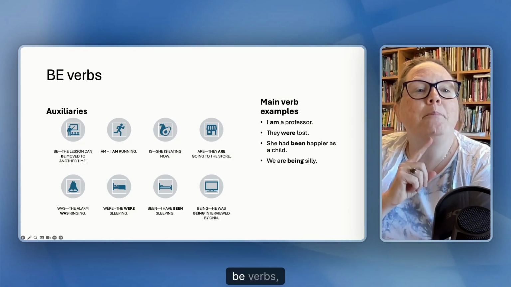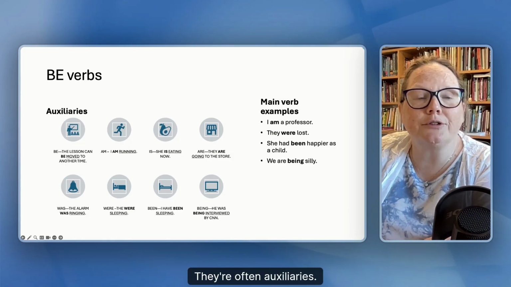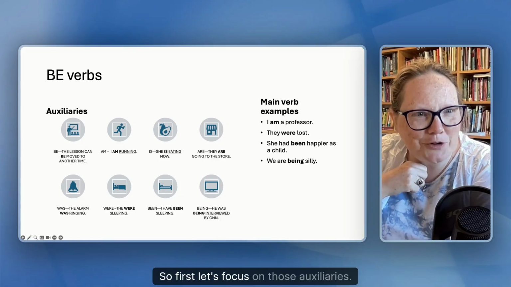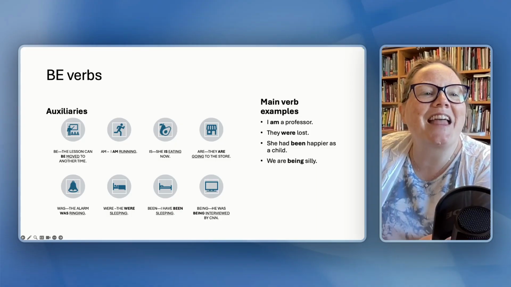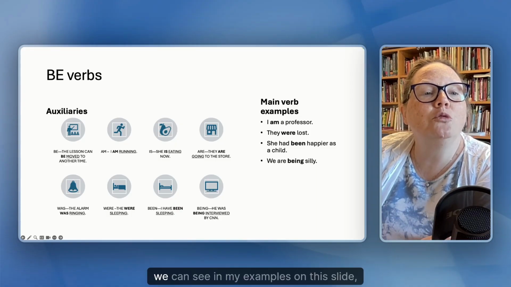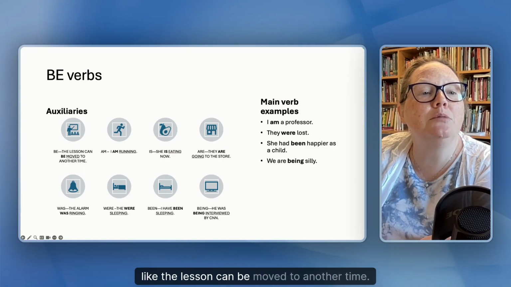So be verbs. They can be auxiliaries. They're often auxiliaries. They can also be a main verb. First, let's focus on those auxiliaries. As an auxiliary, we can see in my examples on this slide, like the lesson can be moved to another time.